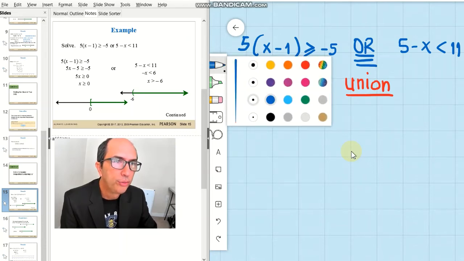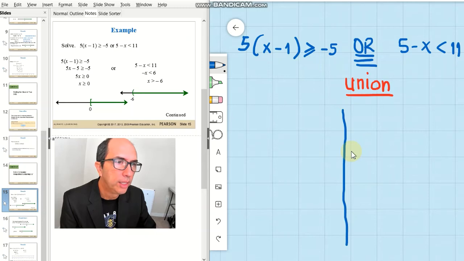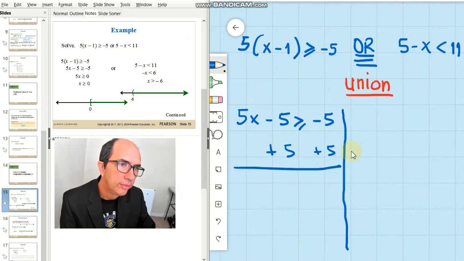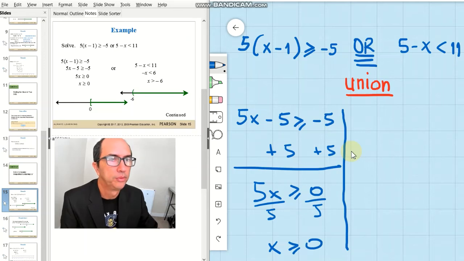And let's first solve for each inequality. First here, let's calculate the distribution. Negative 5. Let's add 5 on both sides, then you have 5x greater or equal than 0. Divide both sides by 5, then you have x greater or equal than 0.